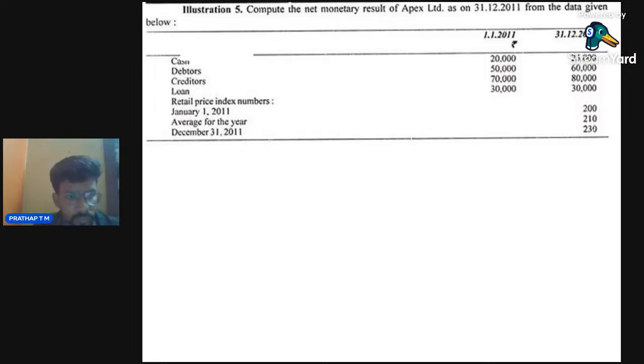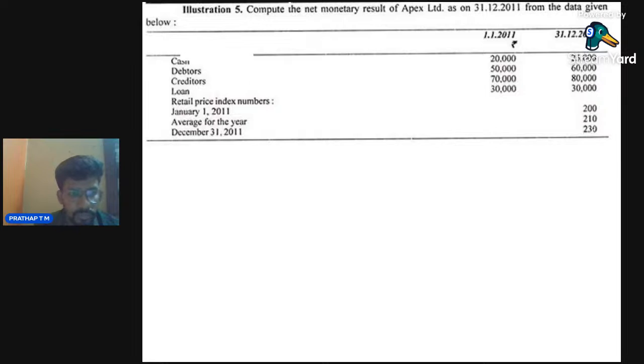The information which they have given: cash, debtors, creditors, loan.